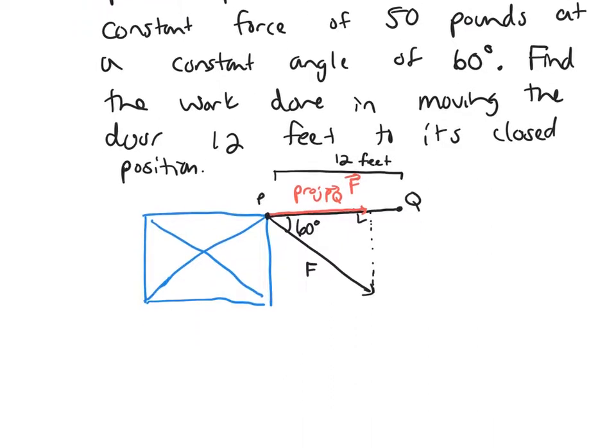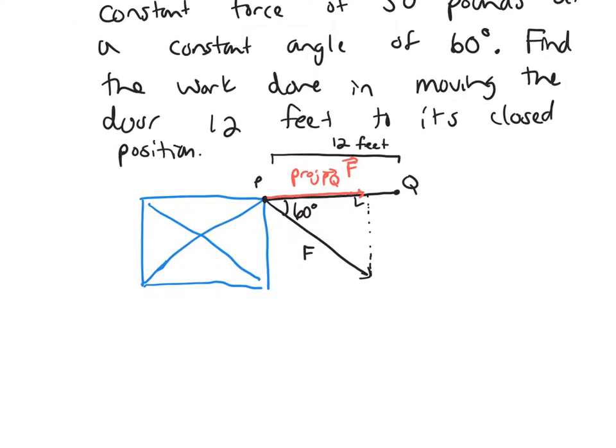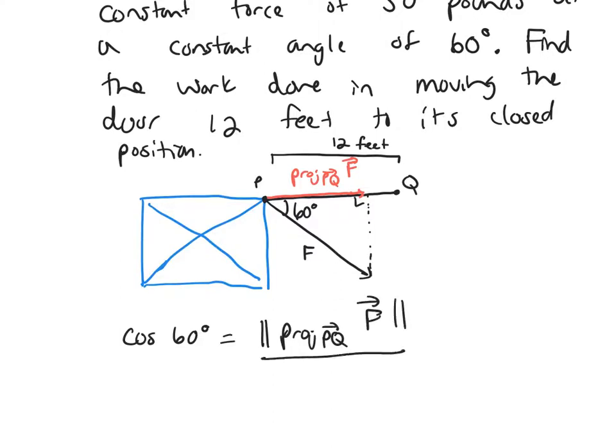So if I look right here, I have a right triangle, and so I know cosine of 60 degrees is adjacent over hypotenuse, right? So adjacent would be the length of this projection of F onto PQ over the length. The hypotenuse is the magnitude of the force.